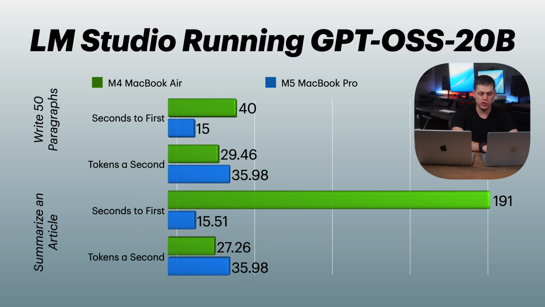So I was getting responses in 14 seconds on the MacBook Pro versus 40 seconds or even 190 seconds for the first response on the MacBook Air, which just feels really slow and like a long time to wait. And it was also able to generate tokens a little bit faster on the Pro than the Air, but the tokens, the second score, were close. It was really that time to the first token or the response time that makes the M5 a much better option if you want to do any sort of LLM work.